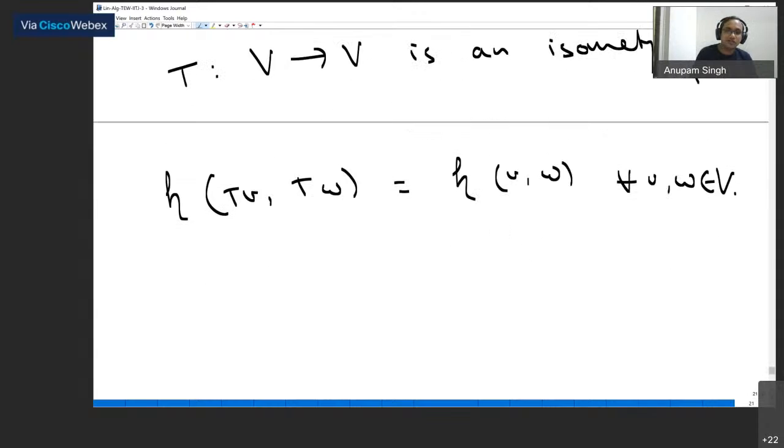And we can collect all isometries. So this is the definition of the unitary group.